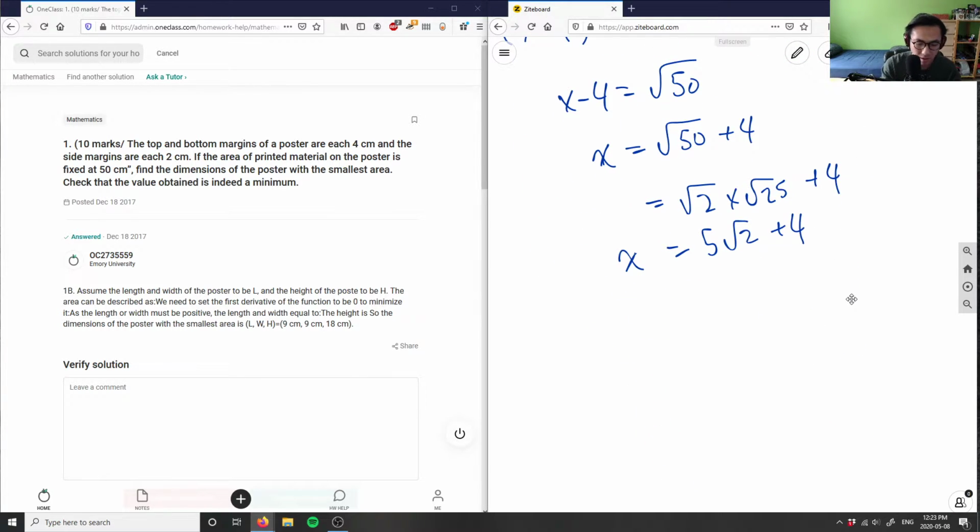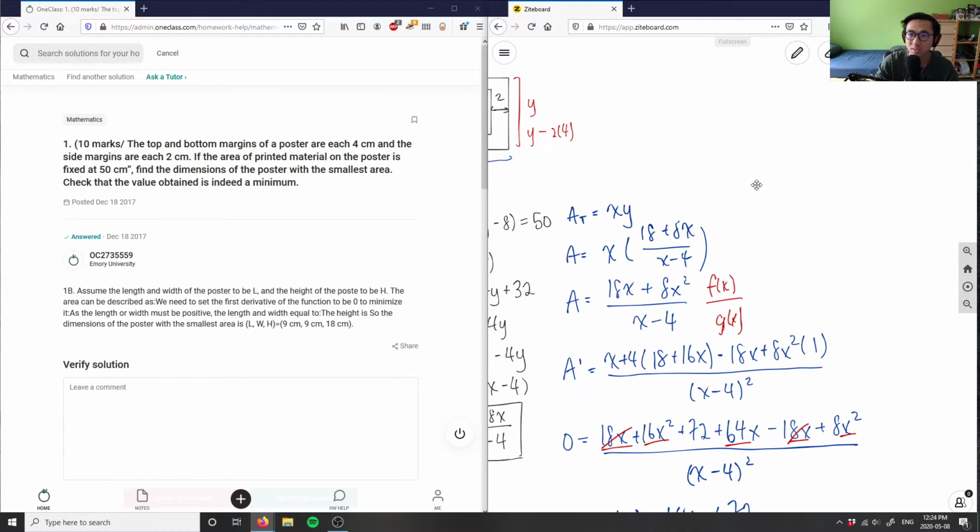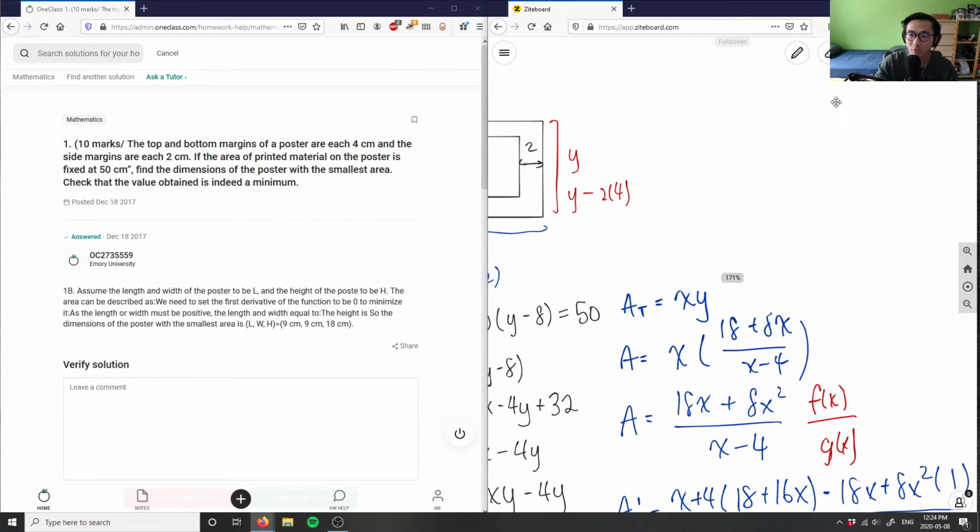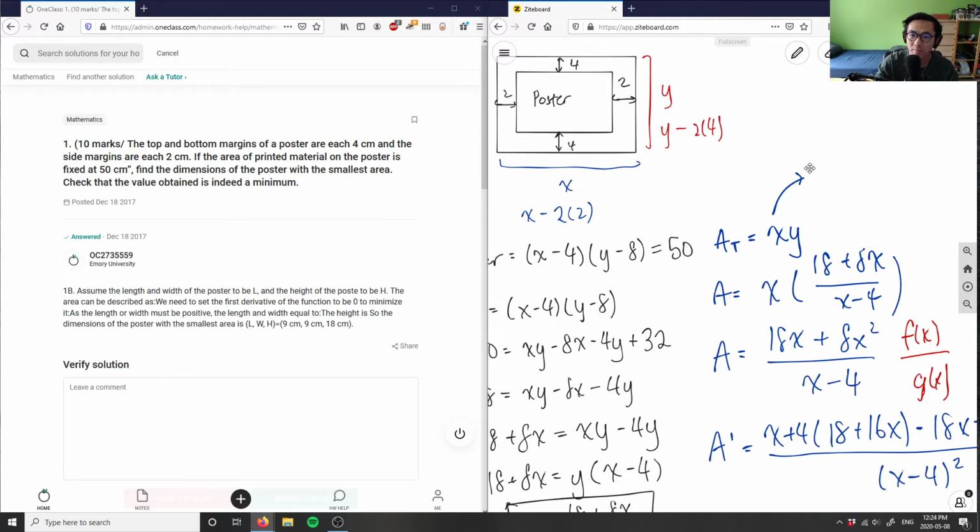I'm going to do that in decimals for you so you get some type of value, which is 11.07, or 11.1, I think. I think they want it to the nearest decimal. So if x equals 11.1, then I can solve this back for the total area.